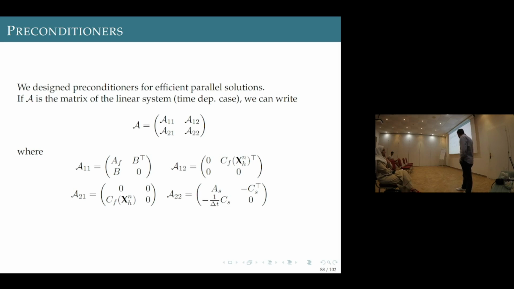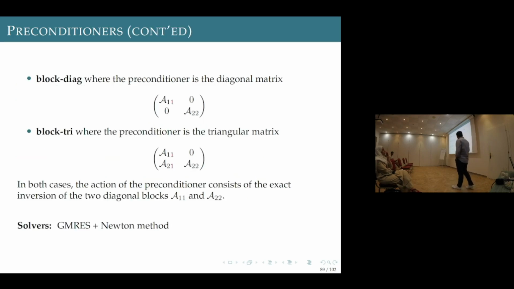We designed the preconditioner. We can see the matrix of our linear system for the time-dependent case as divided into 4 blocks. The first one is the Navier-Stokes part, then we have the solid part, and A12 and A21 are the matrices with the coupling term. We designed 2 preconditioners.